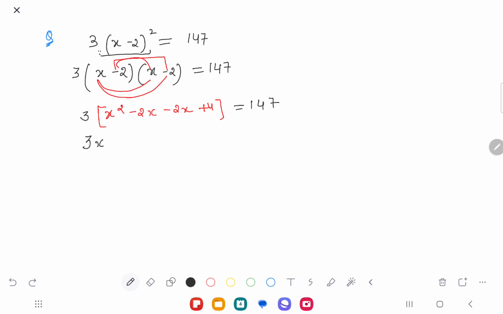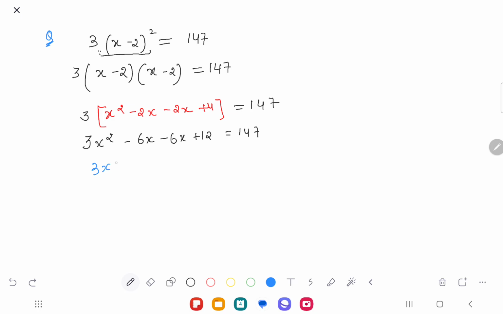So we have 3x squared minus 6x minus 6x plus 12 shall be 147, because I have to multiply 3 also inside, right? I hope you're understanding.